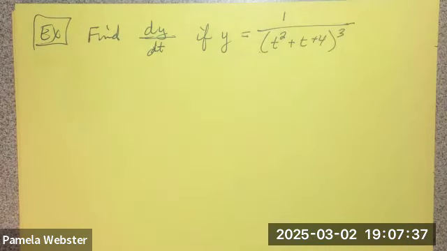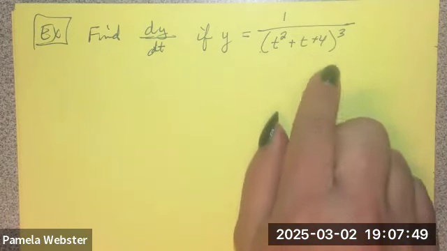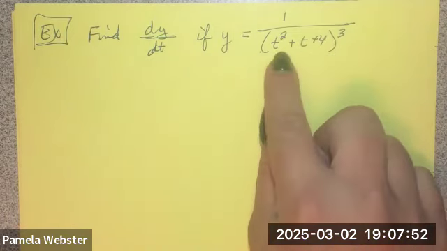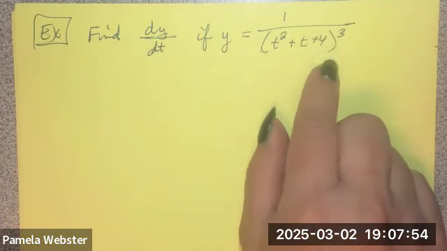All right. So, this is another one where I look at it and go, ooh, I don't want to deal with that as a quotient rule if I don't have to. And I really don't want to deal with this one as a quotient rule because it's a composite function inside of a quotient rule. Do you see that?